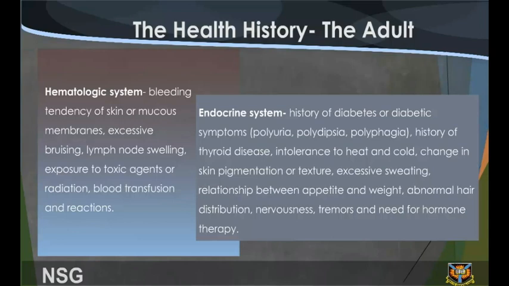History of thyroid disease, intolerance to heat and cold, change in skin pigmentation or texture, excessive sweating, relationship between appetite and weight, abnormal hair distribution, nervousness, tremors, and need for hormone therapy.